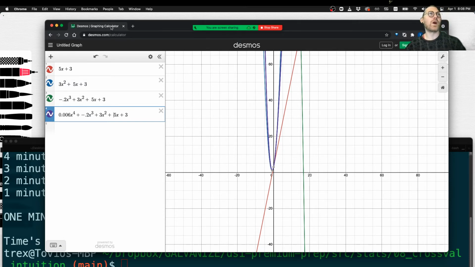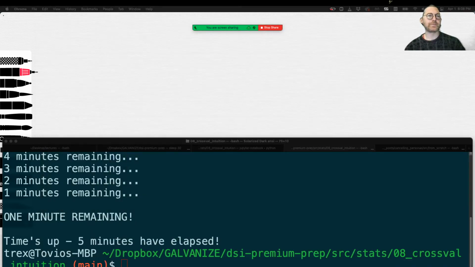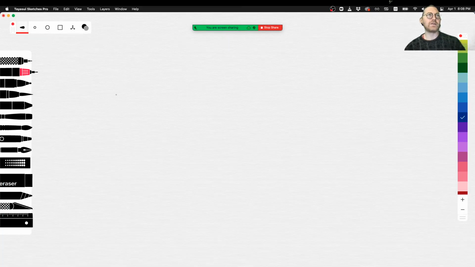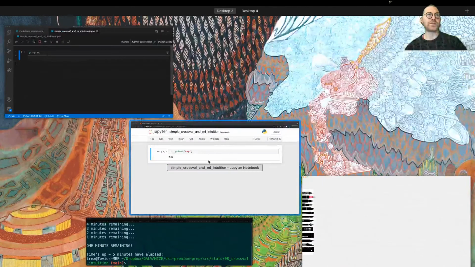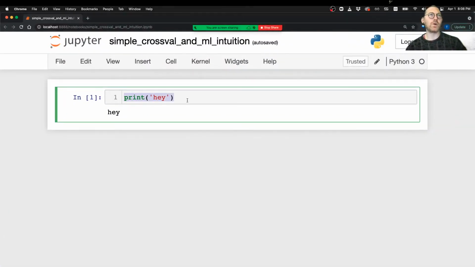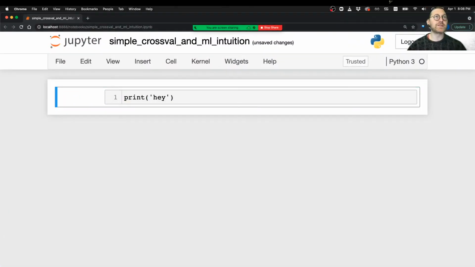So I'm going to just set this aside. Let's just get into plotting, because I think this will become clearer once we're actually looking at a scatter plot.